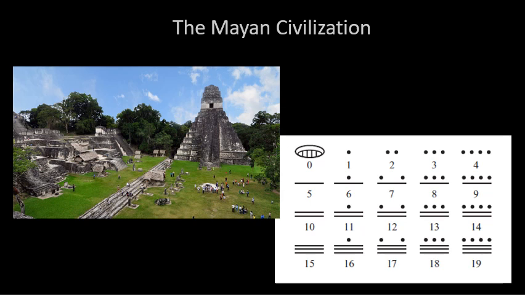So what you see there is one dot would represent one, two dots two, and so on. And when you go to five, it's one line. If you're going to have 6, then that's one line and then one dot. 7 would be one line and two dots, and so on. So it's very logical thinking about these numbers.